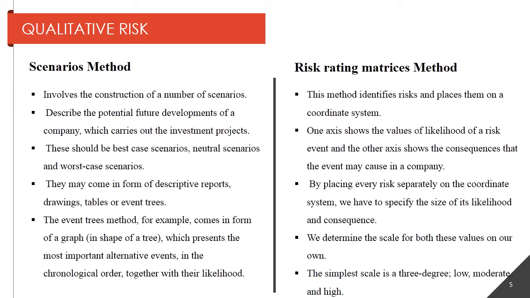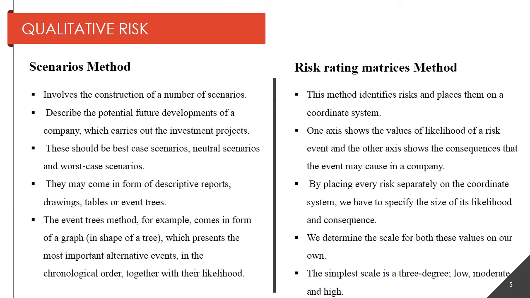These scenarios are described in drawing tables or event trees. The event trees method, for example, can be a graph shaped like a tree, which represents the most important alternative events in chronological order together with their likelihood.